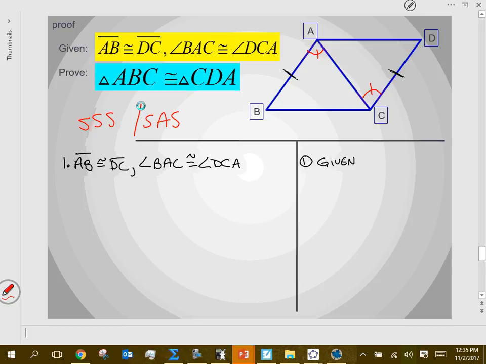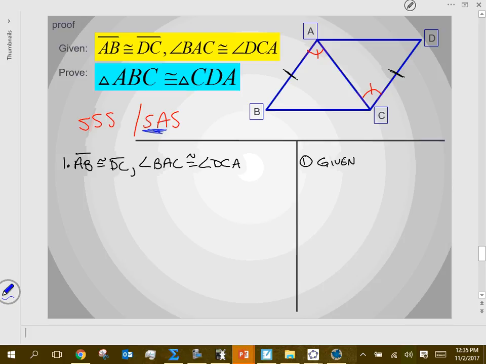If I wanted to use side, side, side, there are 2 other things I have to find, because I only have one of the S's in my picture. Does that make sense? But for side, angle, side, you have those 2 parts as being that side and that angle, and then this side and that angle, or you can say you have the last 2 parts, doesn't matter. But you need one more side, right?